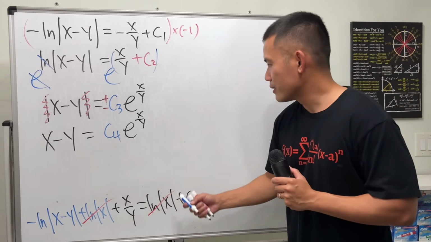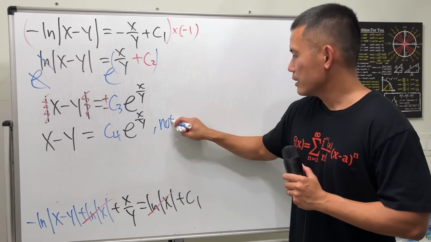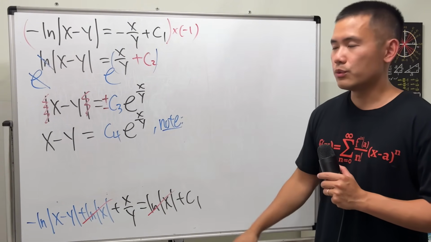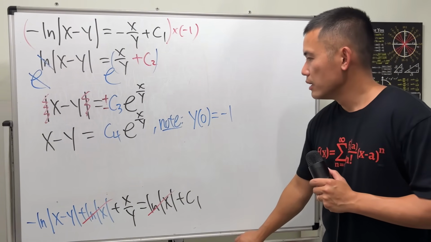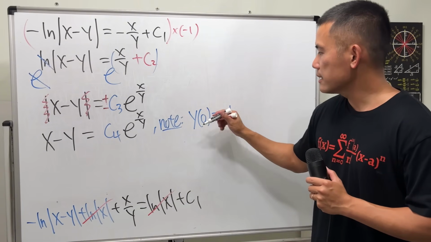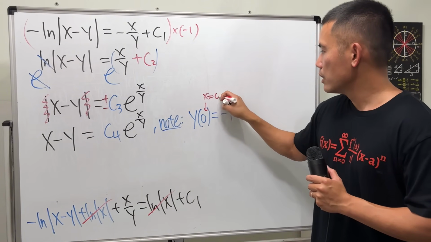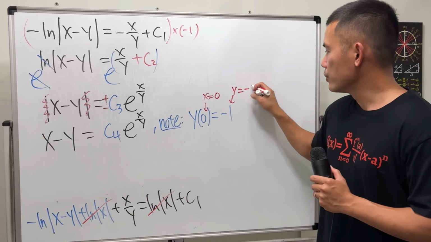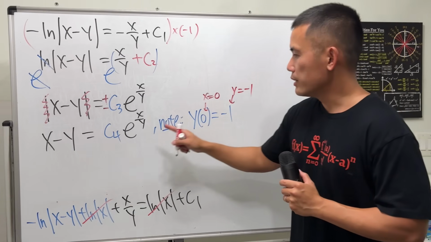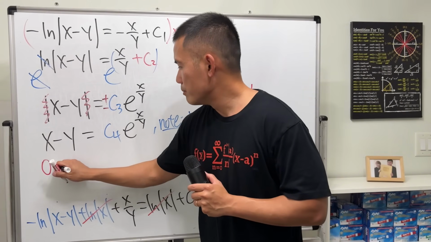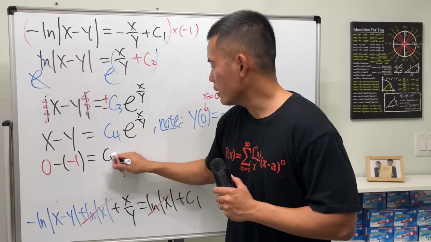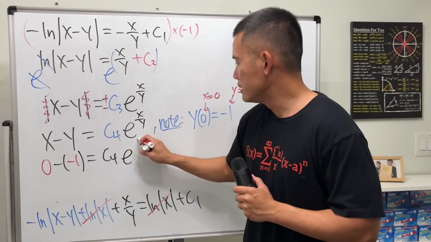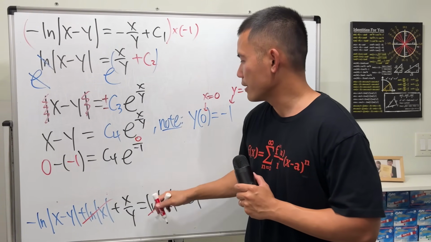But now remember, the initial condition I imposed was that y of 0 is equal to negative 1. So that means if you plug in x equal to 0, you should end up with y giving you negative 1. So go ahead and do that. That will be 0 minus negative 1, and that's equal to c4 times e to the 0 over negative 1.